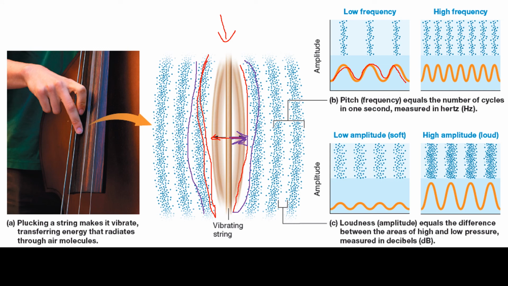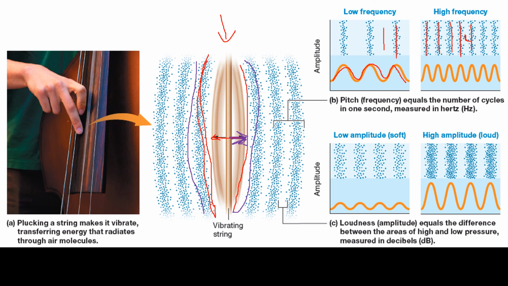It's producing very few cycles in a second, but you still see those areas of high pressure and low pressure. In a high frequency sound, like a car alarm going off, it's going to produce lots of vibrations in a second, and that produces lots of those high air pressure and low air pressure regions.